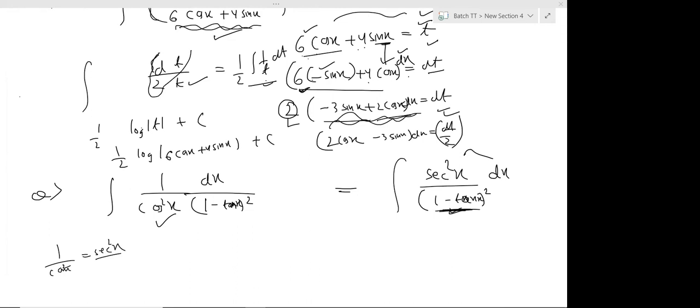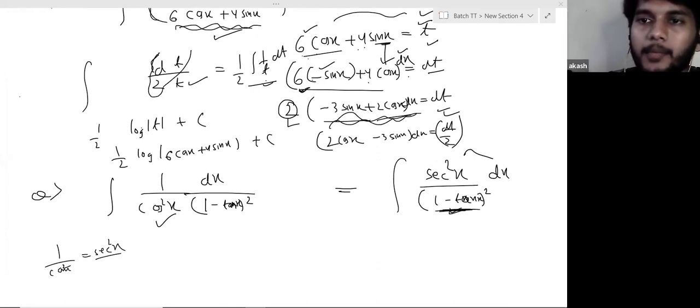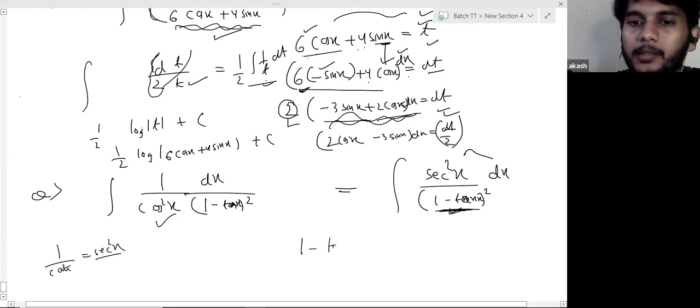So dt also will be getting minus sec square x. Absolutely, minus sec square x, so there will be a negative sign also. If you take 1 minus tan x as t, you will get minus sec square x dx equals dt. So sec square x dx equals minus dt.